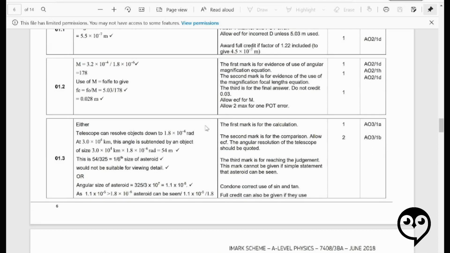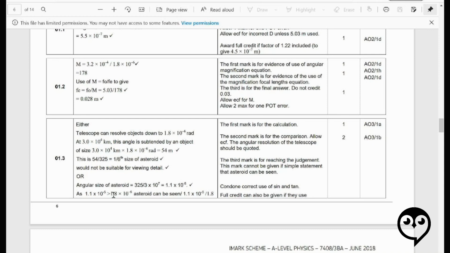Okay, so this is what we did. We resolved it down. We got 54 meters, and like I said, 1/6. It's not suitable. Okay, so boom, boom, boom. Or you could have calculated the angular size of the asteroid. You could have said that's the diameter, that's how far away. What's our angular resolution?